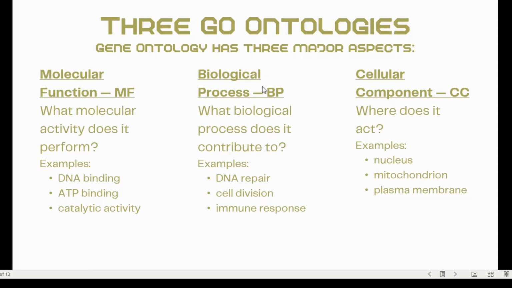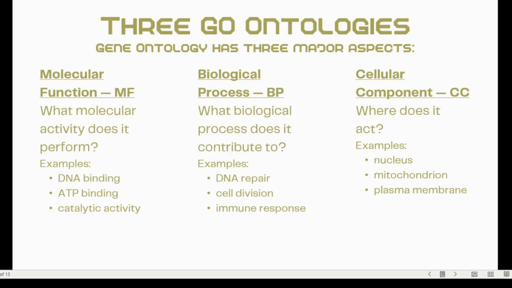Then biological process. For which biological process is this gene performing the molecular function? Either it is for DNA repair, or cell division, or immune response. Then cellular component: where this protein is located, where we can find the protein translated from that gene.